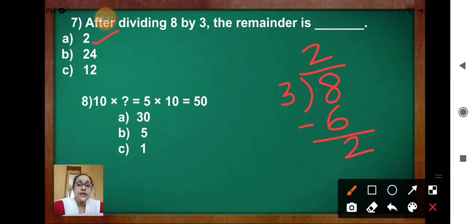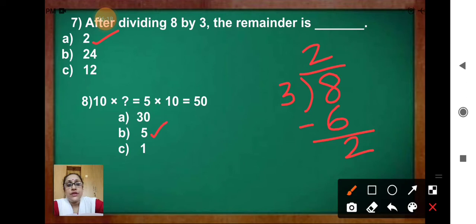Question 8. 10, multiplication sign is there and question mark is there. Equal to 5 tens are 50. So, 30, 5 and 1. The options are given.